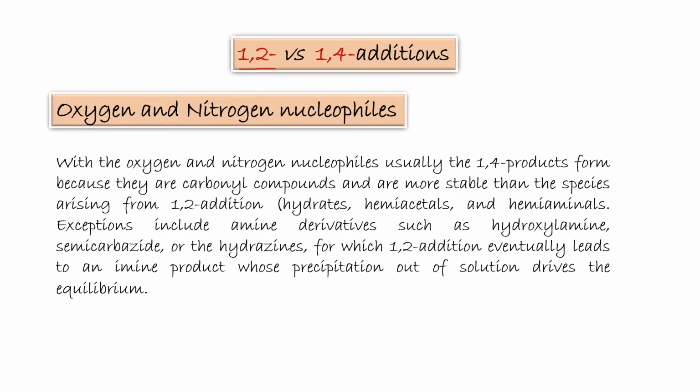1,2 versus 1,4 additions. Let's look at the oxygen and nitrogen nucleophiles. With oxygen and nitrogen nucleophiles, usually the 1,4 products form because they are carbonyl compounds and are more stable than the species arising from 1,2 addition, like hydrates, hemiacetals, and hemiaminals.